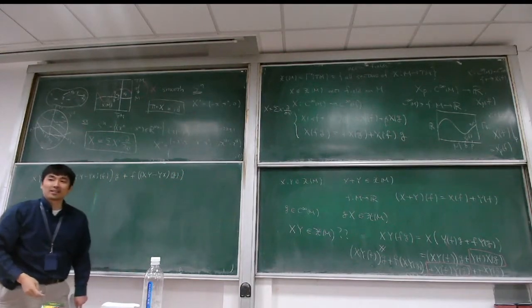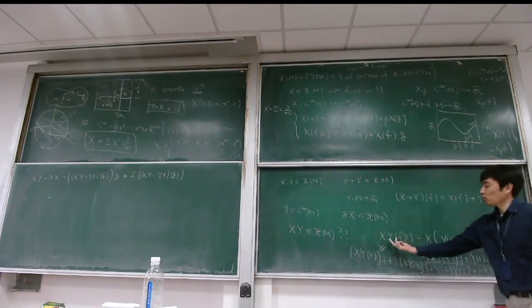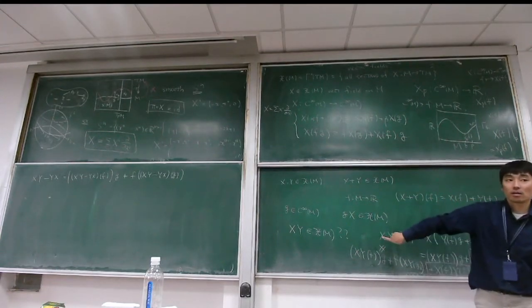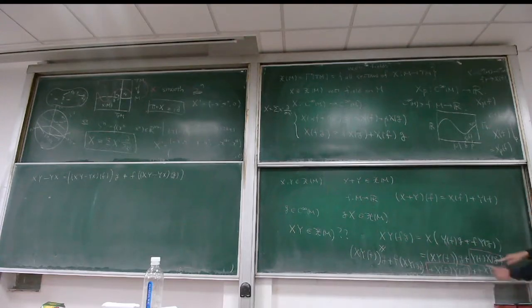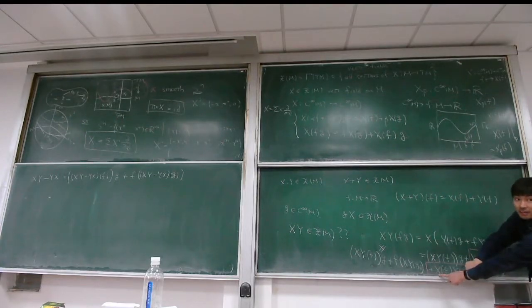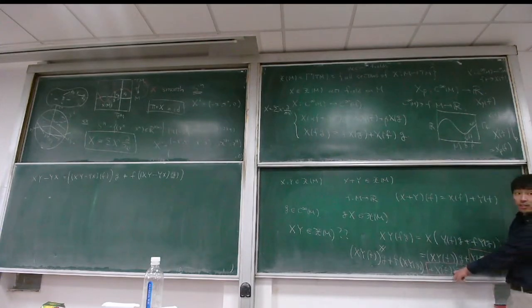Right? Even here, if you swap the order XY, it becomes YX. So they swap the order, but that is equal to this one. The same thing. If you subtract, they cancel each other.